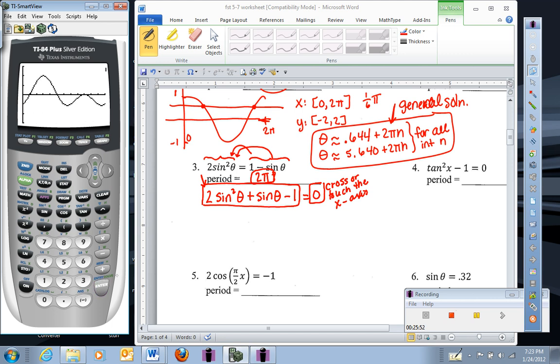And I come up with, on the trace, 0.524. Now look on my radian chart, and this time 0.524 turns out to be 1/6 pi, doesn't it? Pi over 6. Okay, so I'm going to hit trace, and I'm going to go along here, come over here to the next point of intersection.